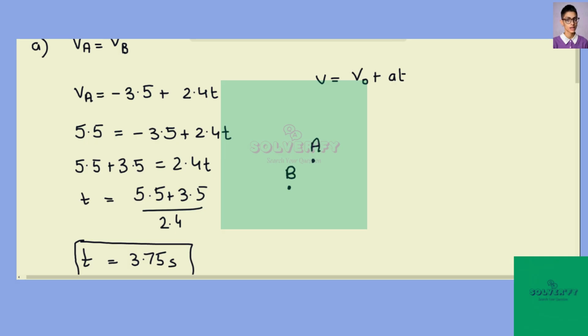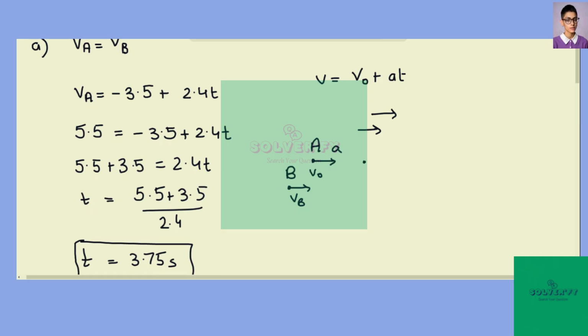B is a bit behind, and B is traveling with a constant velocity v sub b, but A has an initial velocity v naught and an acceleration. So in part A, we actually calculated the time at which their velocities were the same, so both had the same speed at time t equals 3.75 seconds.